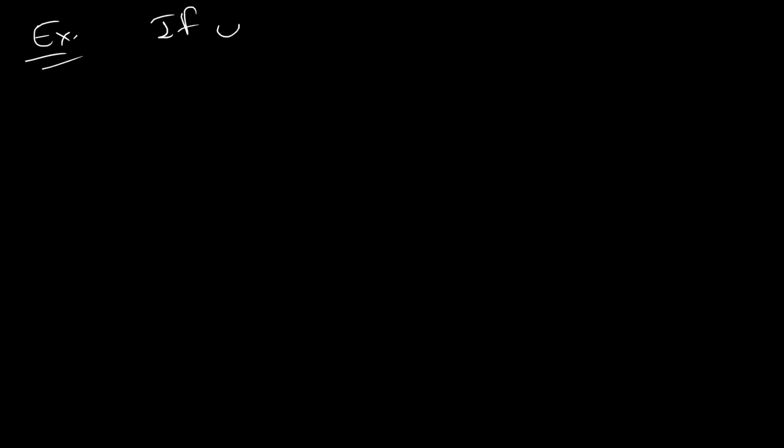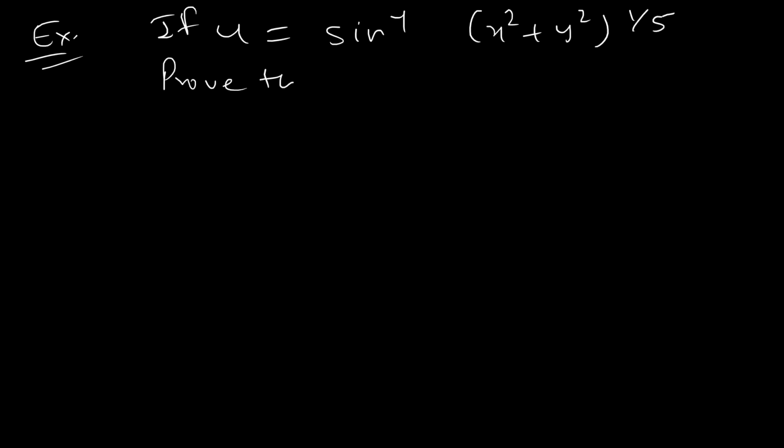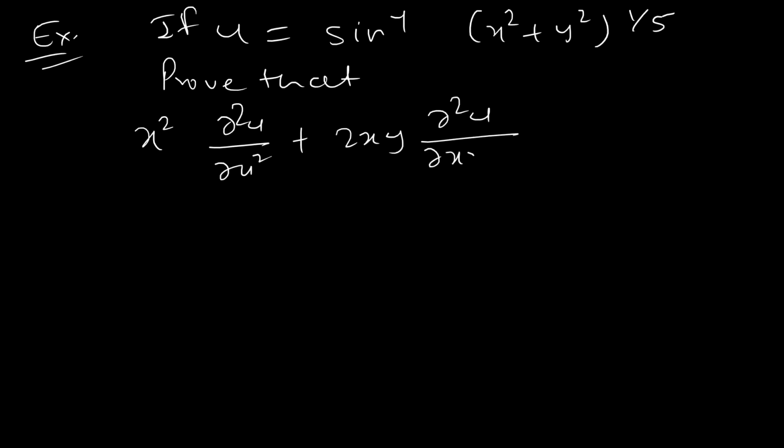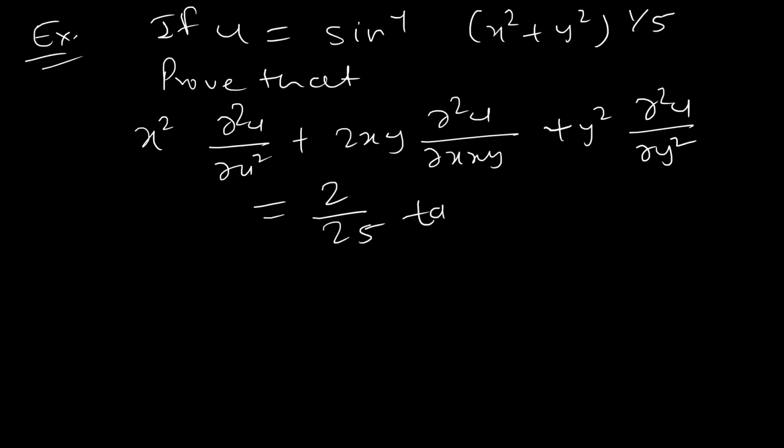If u equals sine inverse of (x square plus y square) raised to 1 by 5, prove that x square ∂²u/∂x² plus 2xy ∂²u/∂x∂y plus y square ∂²u/∂y² equals 2 by 25 tan u into (2 tan square u minus 3).